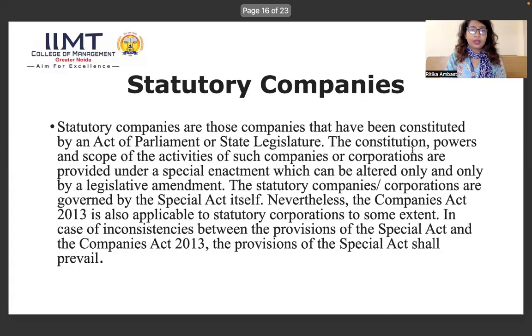Next is a statutory company. What is a statutory company? Statutory companies are those companies that have been constituted by an act of parliament or a state legislature. The constitution, power, and scope of the activities of such companies or corporations are provided under a special enactment, which can be altered only by legislative amendments.